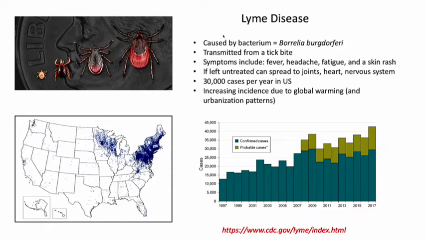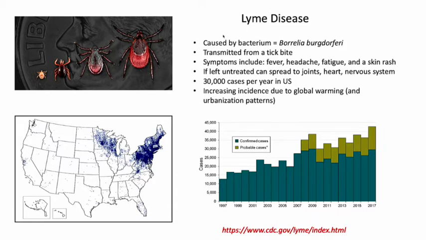Right now, there's about 3,000 cases per year in the U.S. But what's freaking people out is that those cases are increasing in frequency. Some of that increase might be due to more awareness of the disease, so we have better reporting. But definitely, some of it's due to changes in incidence due to global warming.